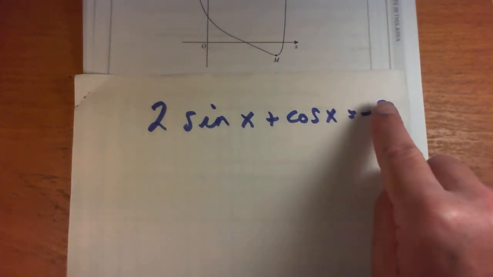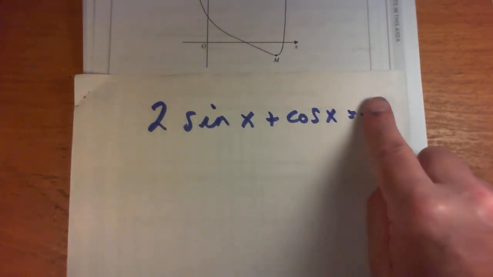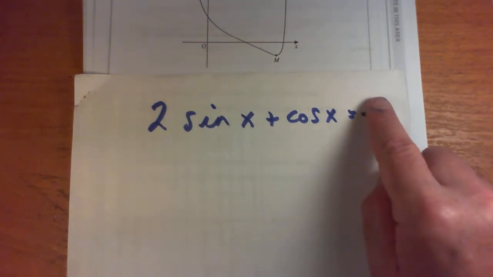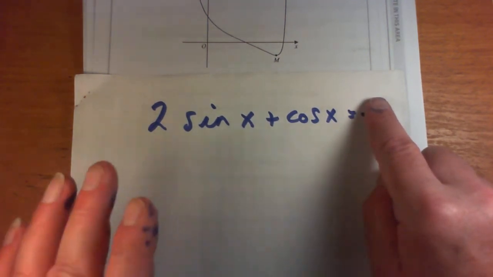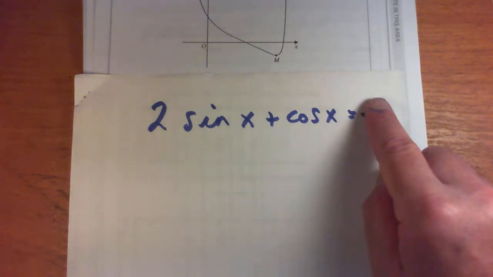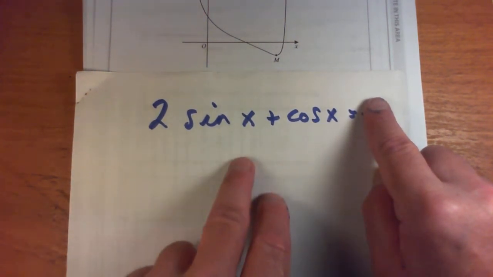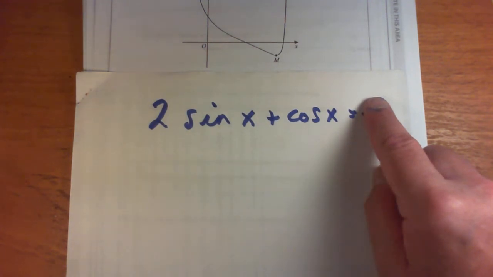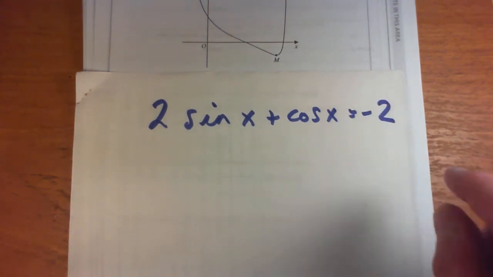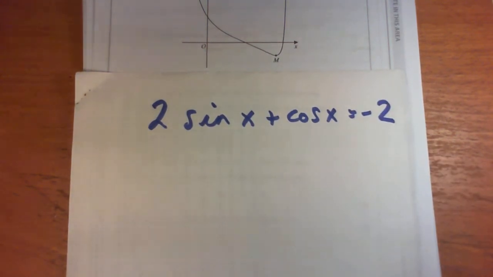If that was 0, that would become a very, very easy situation. You would just divide through by cosine, and then you get 2 tan x plus 1 equals 0. And you could just solve that to find out what tan x is, and Bob's your uncle, no problem. But that's just a special case when the right hand side is 0.